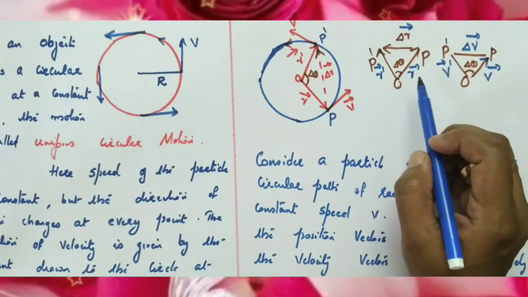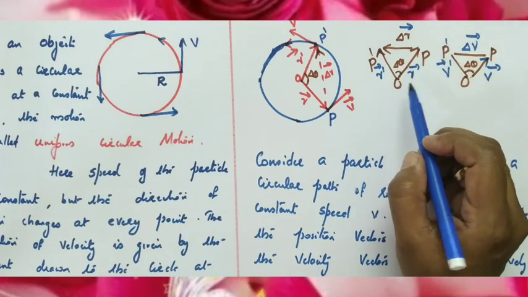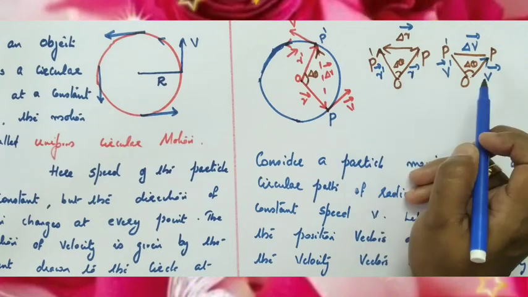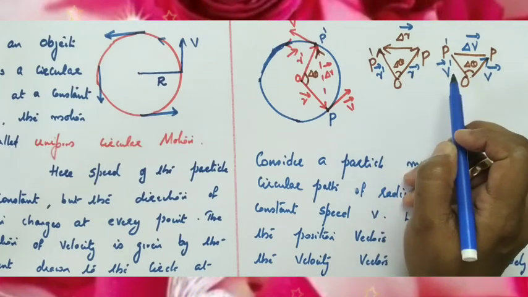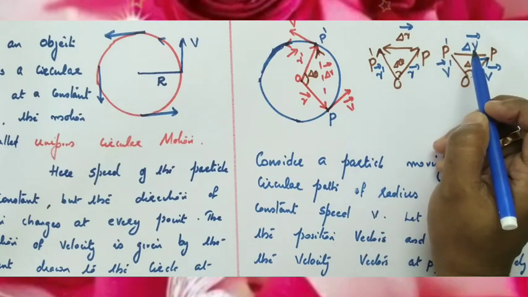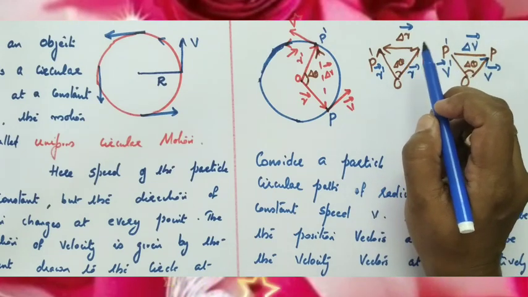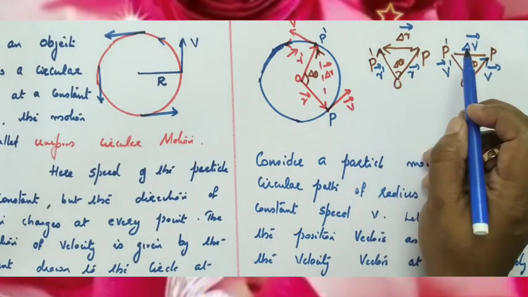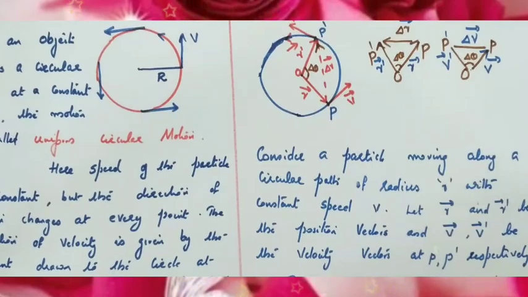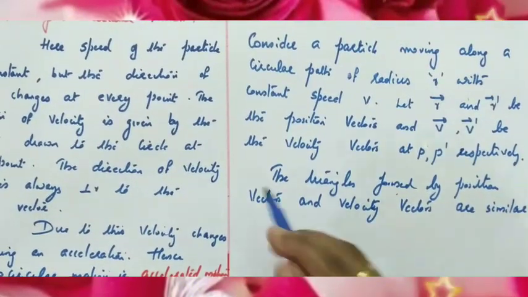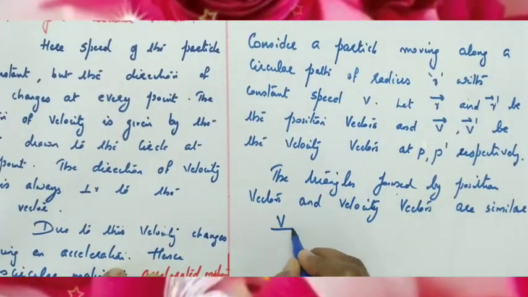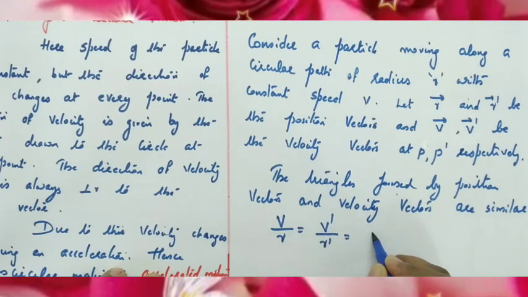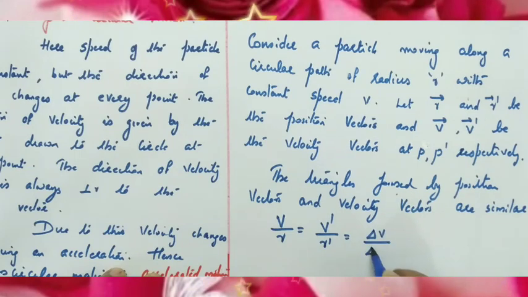Now, for the condition for similarity of the two triangles, we can write v by r equal to v dash by r dash equal to delta v divided by delta r. The sides are proportional, that is the condition.